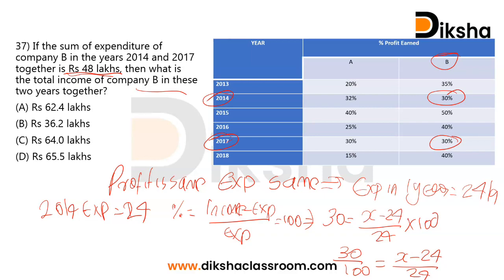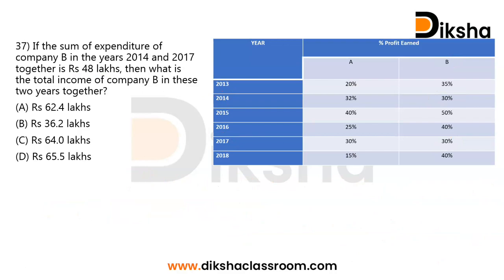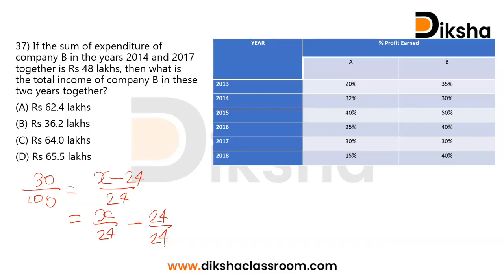Again, here our step is 30 by 100 equal to x minus 24 by 24, which can be further written as x by 24 minus 24 by 24, that is x by 24 minus 1.